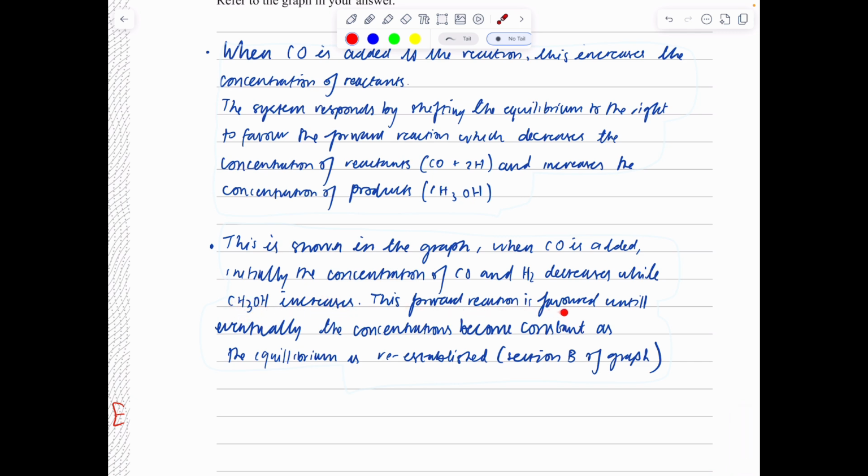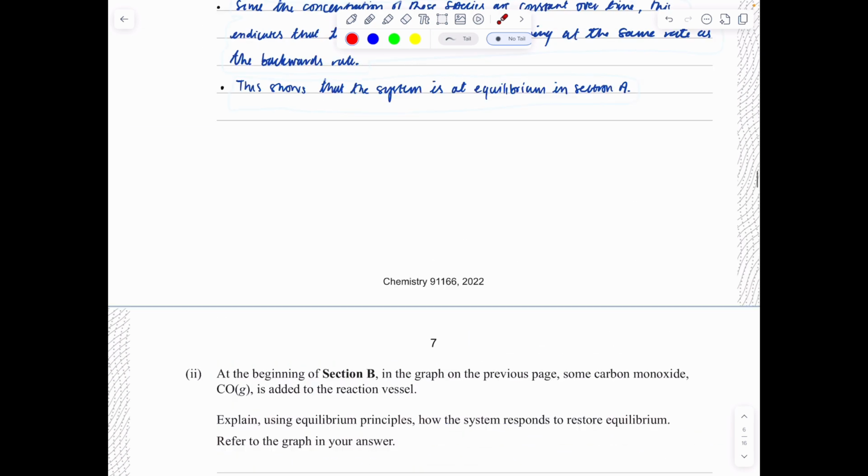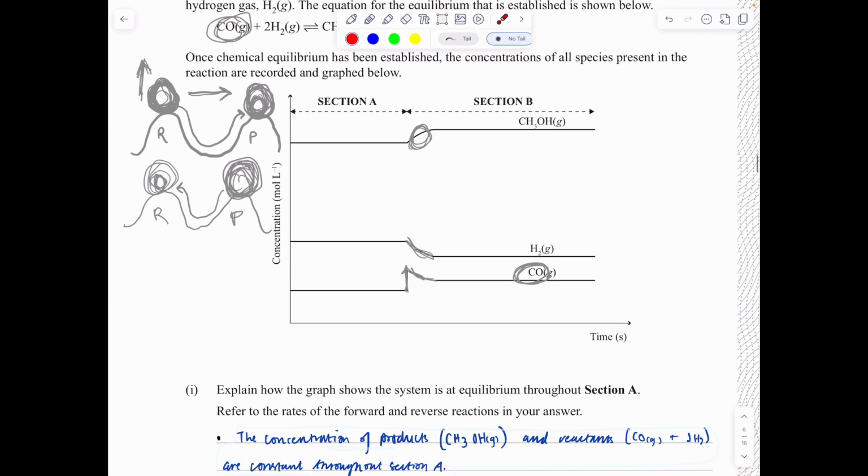This forward reaction is favoured until eventually the concentration becomes constant as the equilibrium is re-established, which is shown in section B.